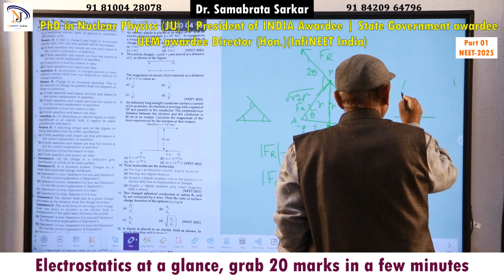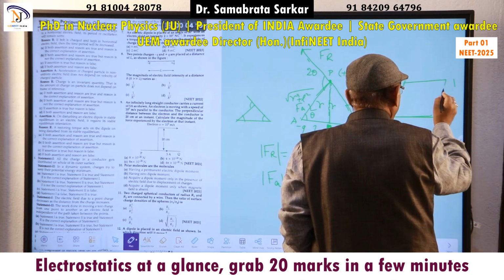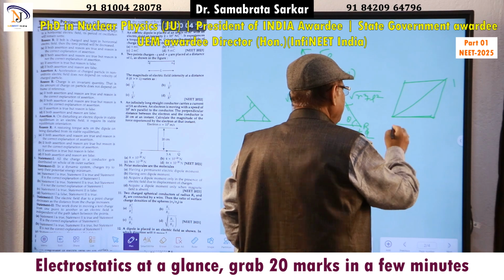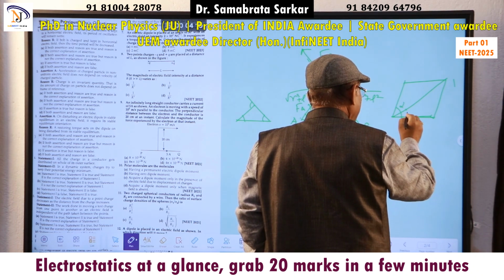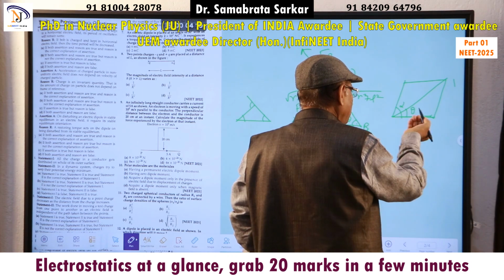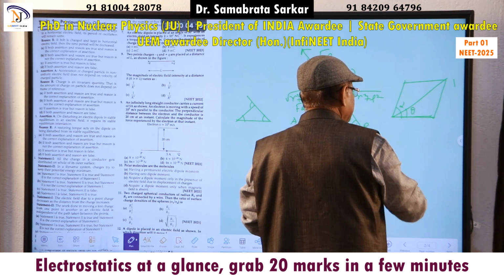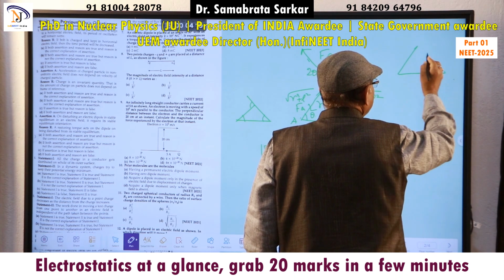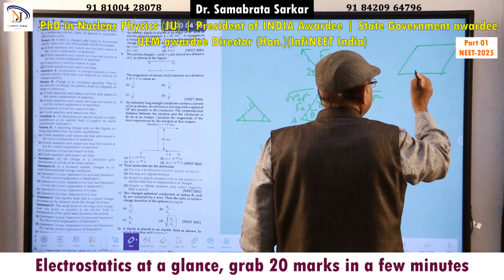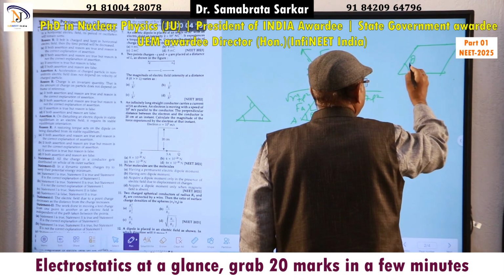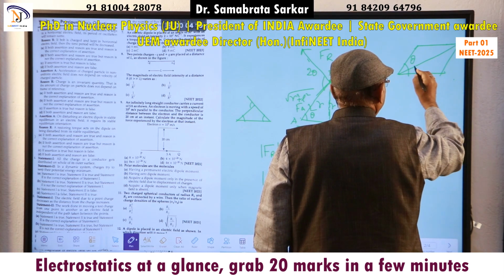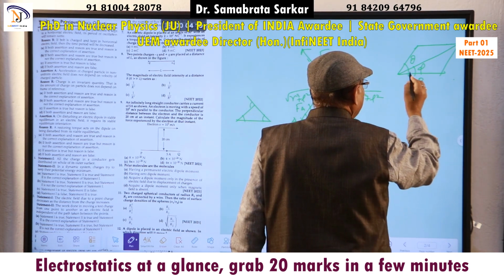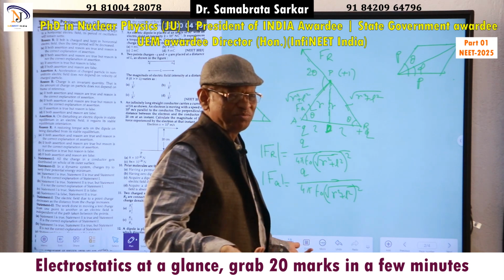You know that in the vector diagram, if this is alpha, this is theta, or something like that, phi, etc. Suppose this is theta, and this is phi, and this is P, and this is also P. Both are the same.